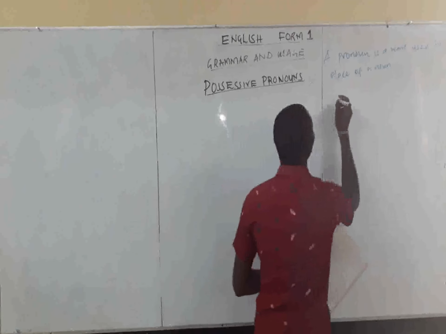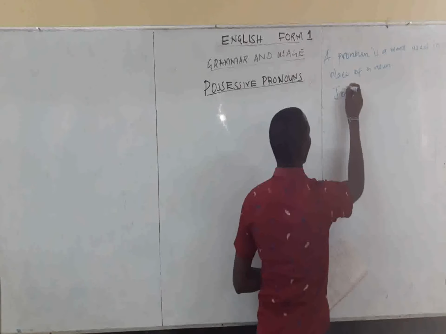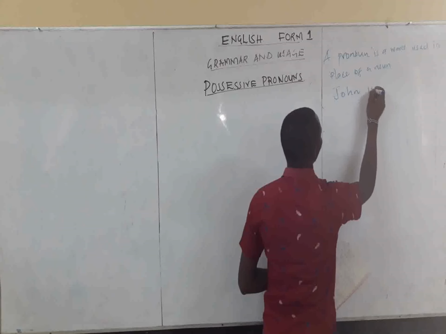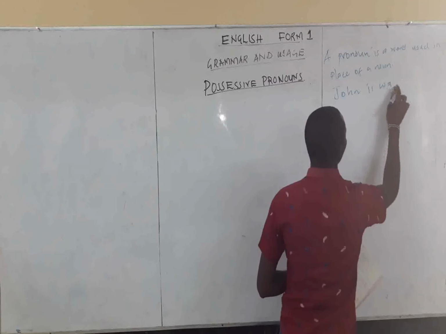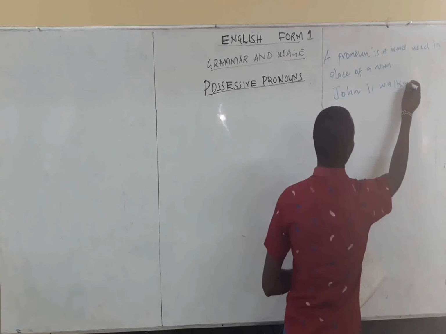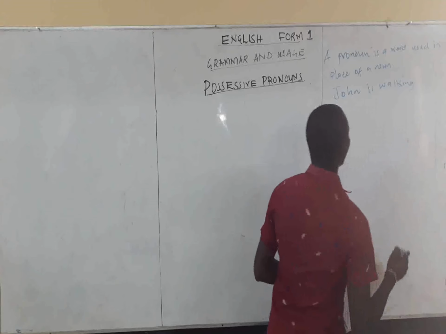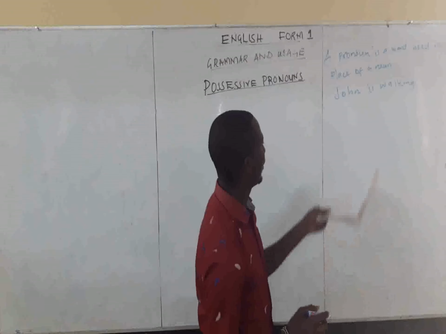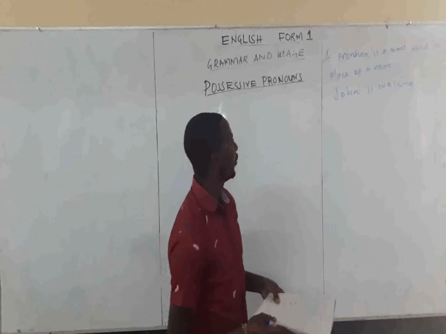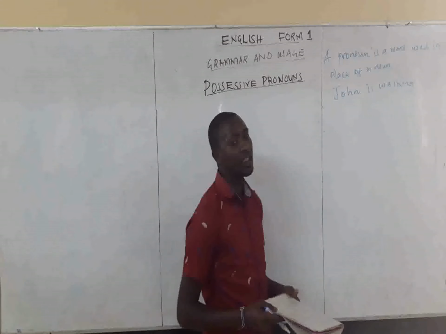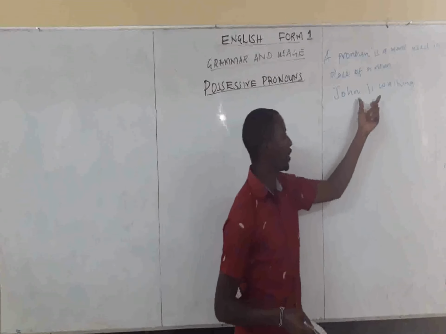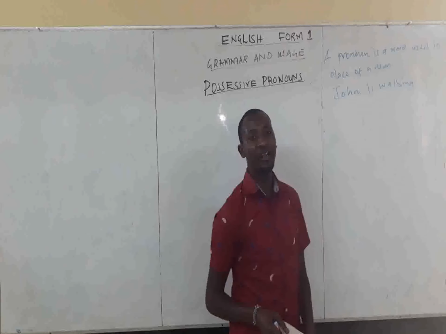For example, John is walking. We have the noun John, the auxiliary verb is, and the main verb walking.